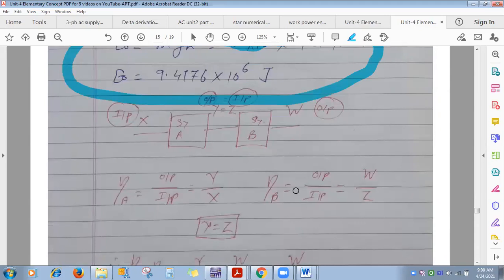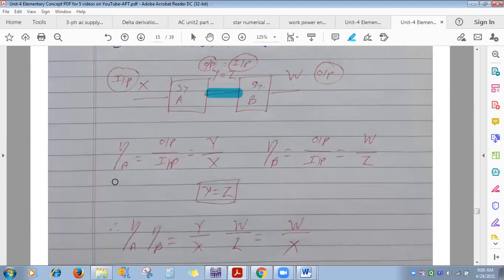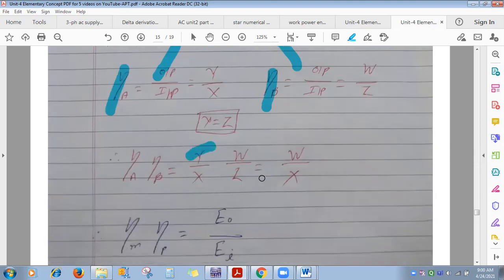Okay, now see, when two systems are cascaded with each other, means what? Output of first is the input to second. So efficiency of first is output by input, y by x. Efficiency of second is output by input, that is w by z, and here y and z are equal. So if you take the product of these two efficiencies, what will you get? Since y and z are equal, these two will cancel.